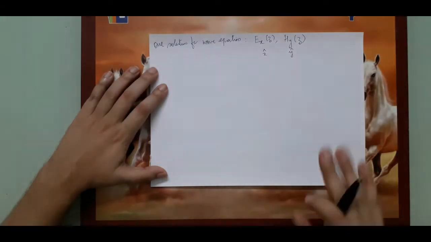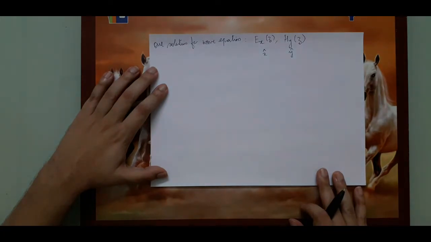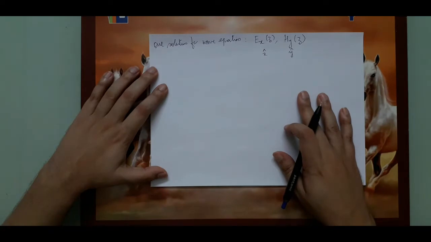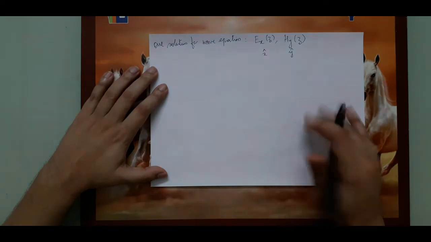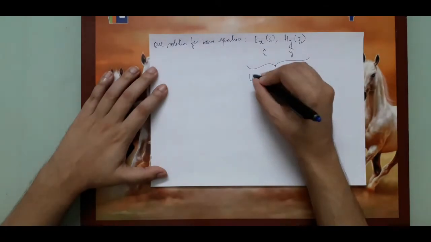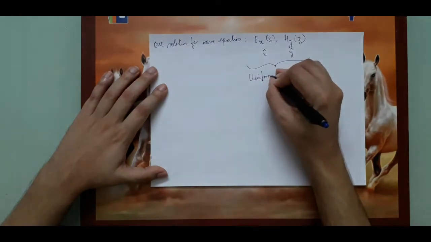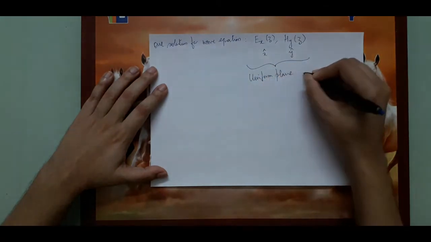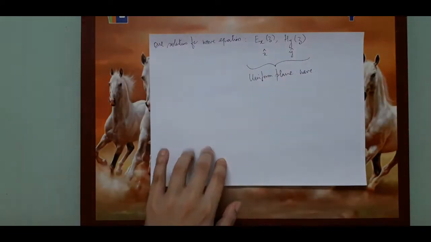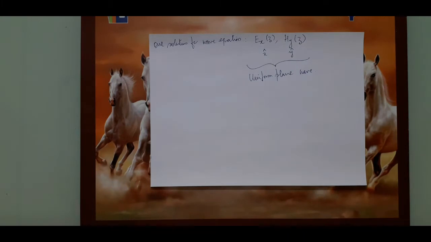So this is in some sense a wave because it satisfies the wave equation, very similar to a transmission line. So therefore this solution is called a uniform plane wave. Why it is called uniform and plane, we shall see that shortly, but this is what it is called.